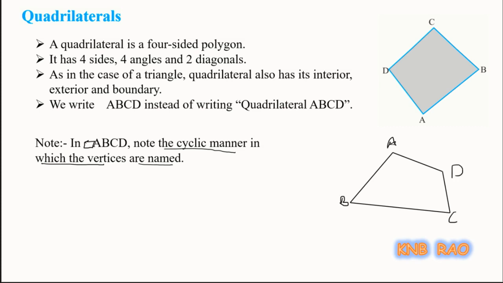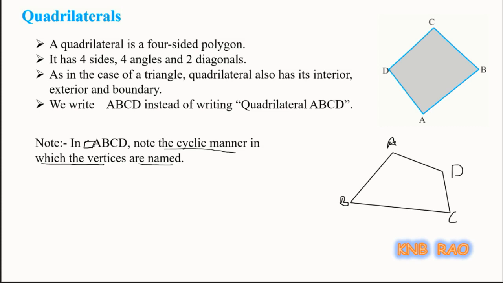So a quadrilateral is just this closed figure formed by 4 line segments having their endpoints joining one after the other cyclically. You can see it's a simple 4-sided polygon.